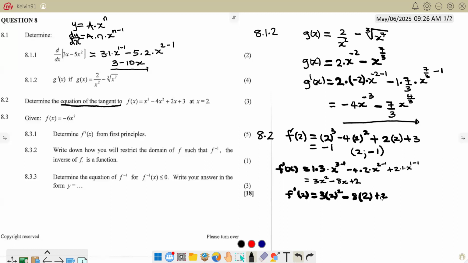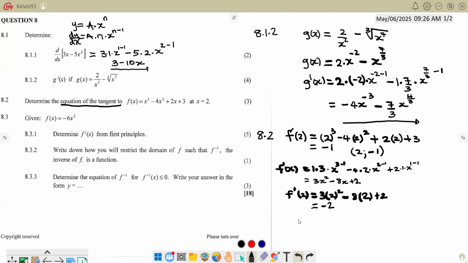If we simplify that, it's 3 multiplied by 2 to the power 2 minus 8 multiplied by 2 plus 2. That is giving us a negative 2. So the gradient of this tangent is negative 2.